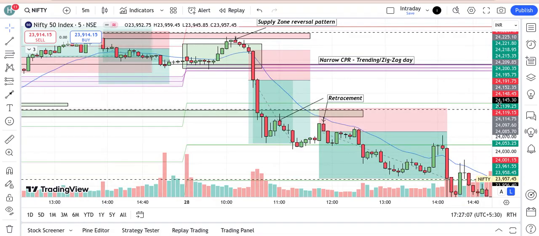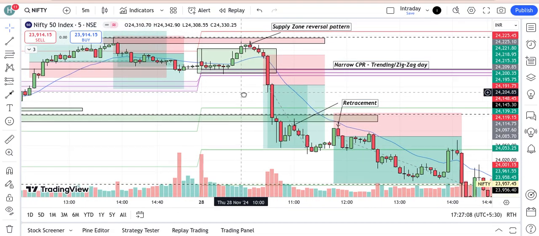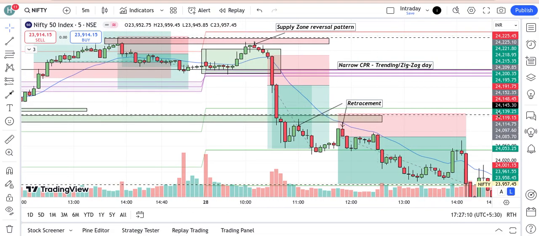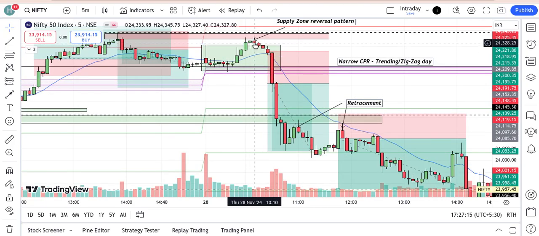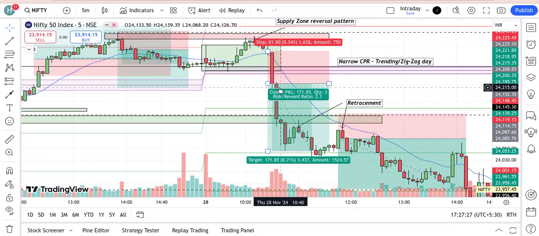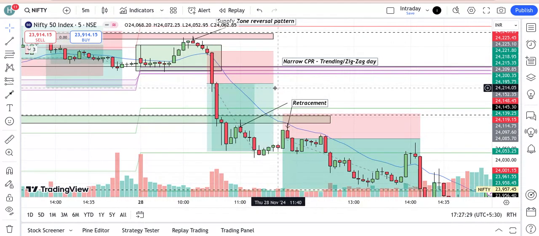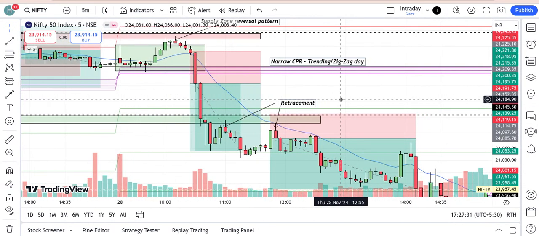The first trade is also with all the setups and strategies, but the big trade was the second trade. The second trade was the main trade. Whenever there is trading in the market for that day, there will be one main trade.